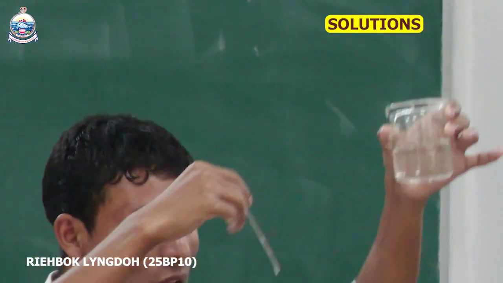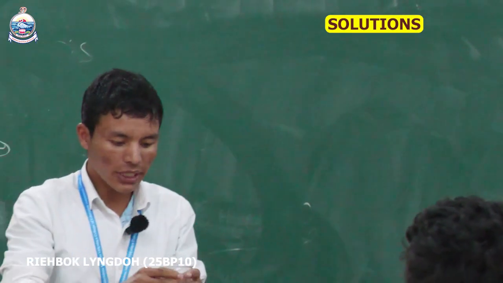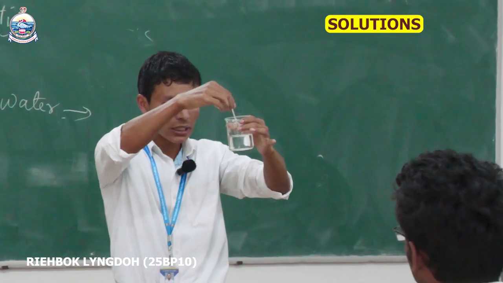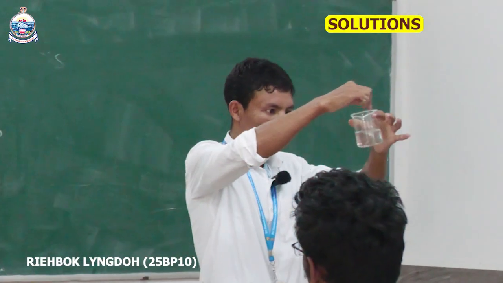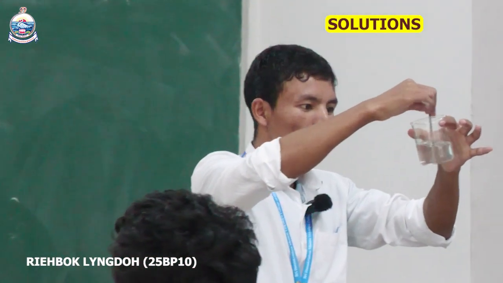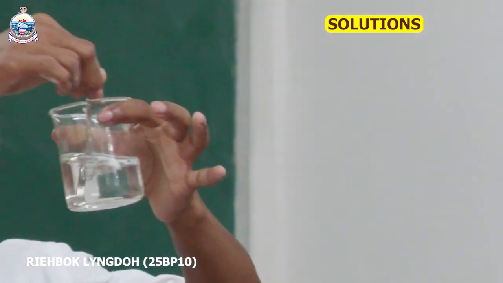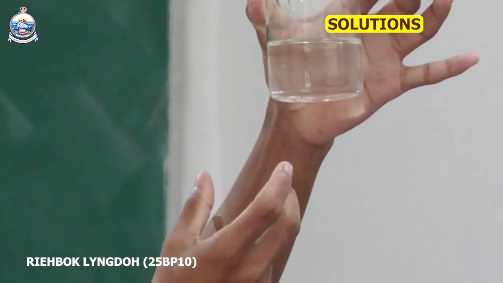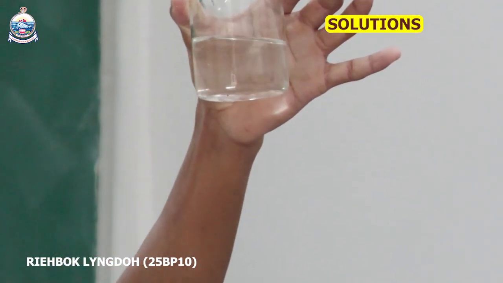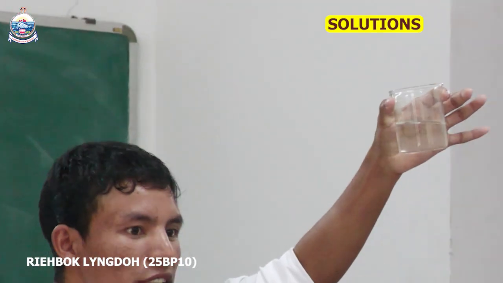These are all salt. What happened when we add salt into this water and then we stir it? We stir it like this, and now you see they are disappearing. Did you see? The salt disappeared.